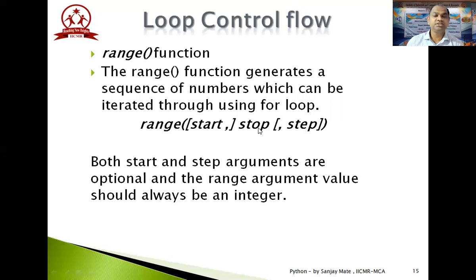These three things are very important in range. You can provide only one also, the stop. If you are not providing start, it will be considered as 0, and if you are not providing the step, it will be taken as 1. So by default start is 0 and step is 1, and stop is up to where you need to go.